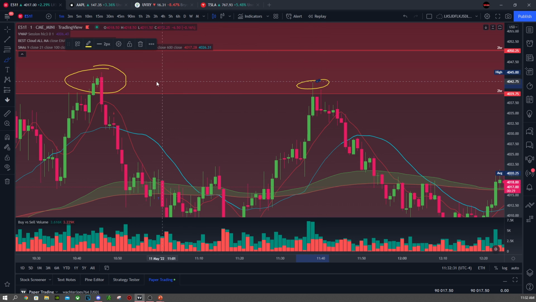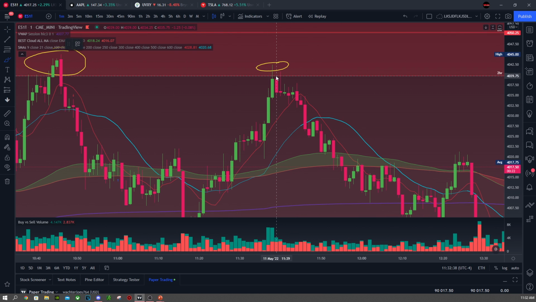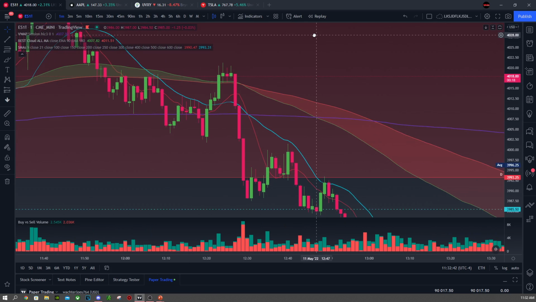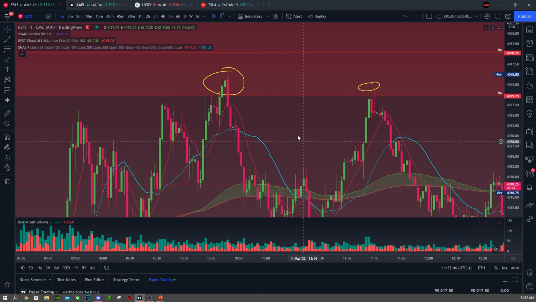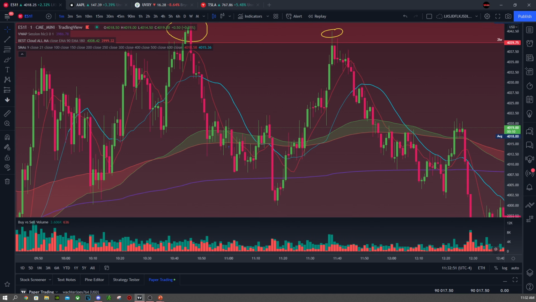Right here lines up with the top of this body, right? So that's a double top. And then what happened? We fell hard, right? And that is a great example of a double top right there. That's a very high quality play. You should usually always try and go for those when you see them.